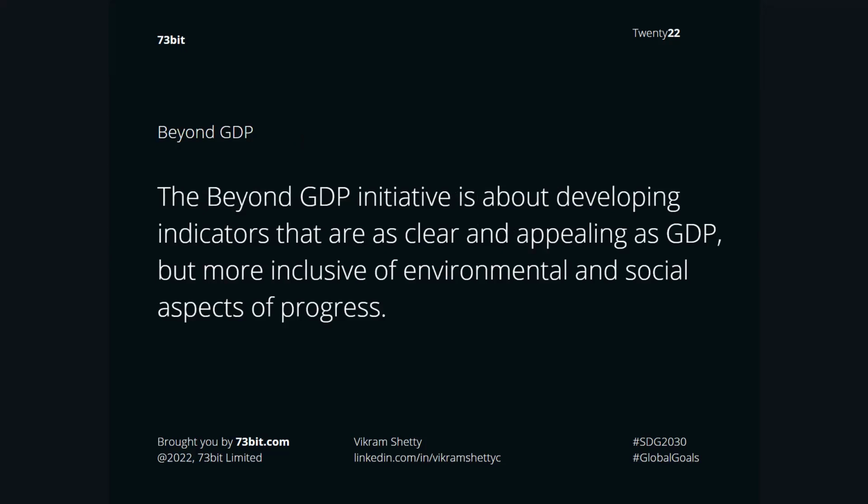Now this is a bit of an out-of-the-box idea I found: Beyond GDP, an initiative by the EU. What they are doing is not putting GDP behind, but they're saying it's not complete. So let's make it complete.